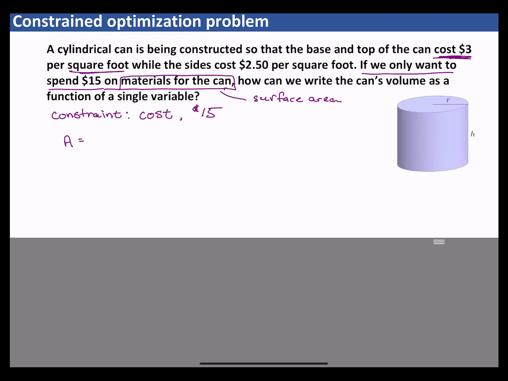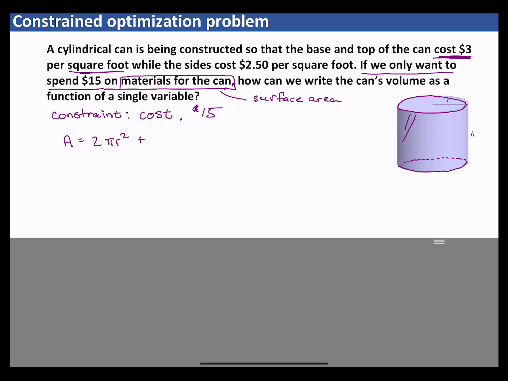We have the top of the can is a circle. Pi r squared would give us the area of that circle. There's also a base with the same area, so we could really say we have two circles of area pi r squared, and then we need the area of the sides.